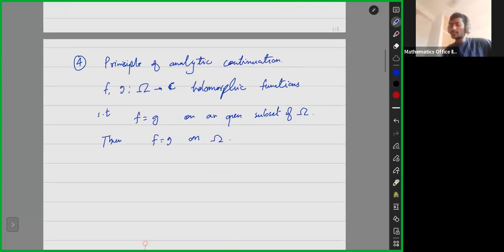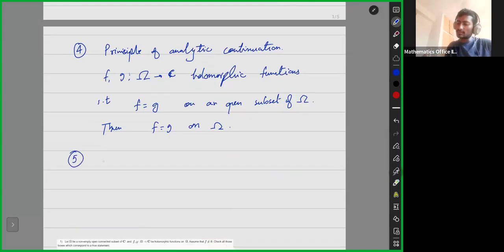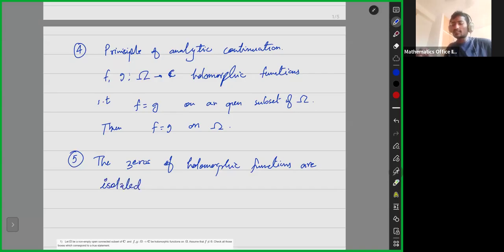After this analytic continuation, we saw that the zeros of holomorphic functions are isolated, discrete or isolated, whatever. So the only zero function is the function which has zeros with limit points inside this set of zeros.